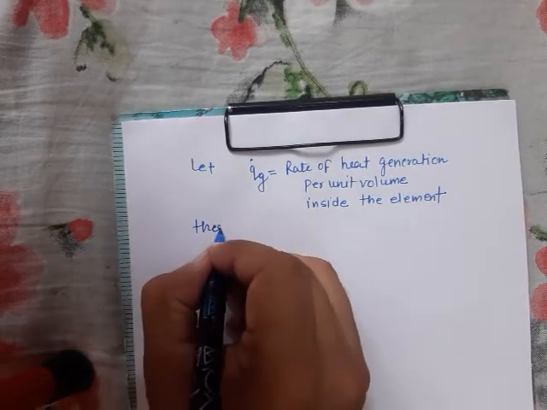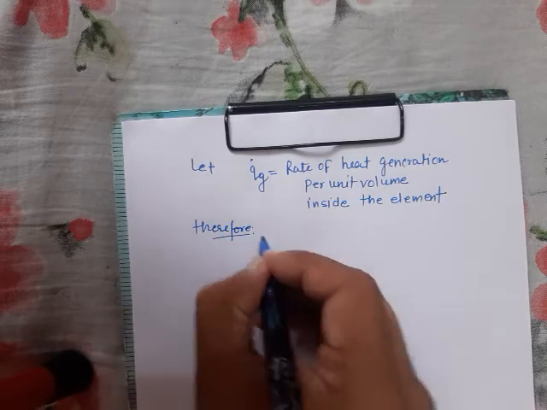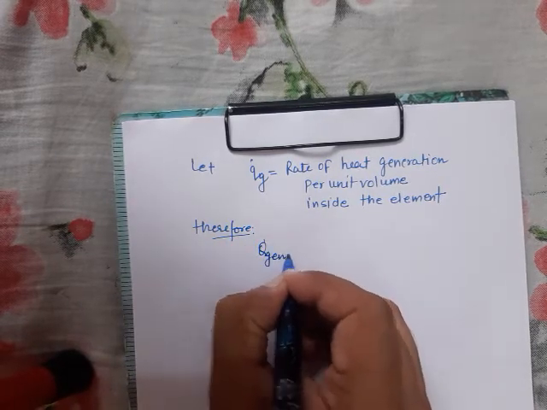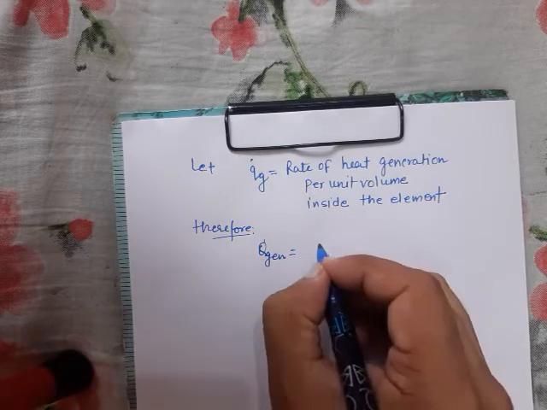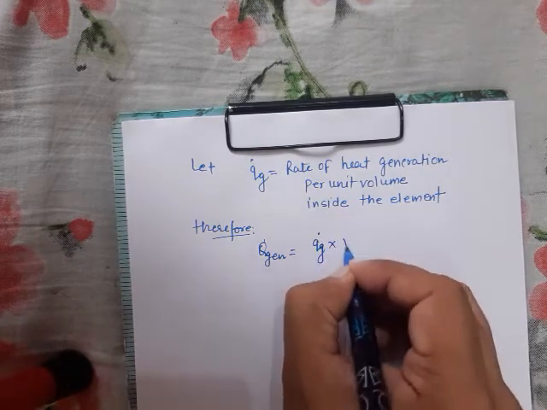Therefore the q dot g, the actual rate of heat generation, can be written as q dot g multiplied by volume of the element.